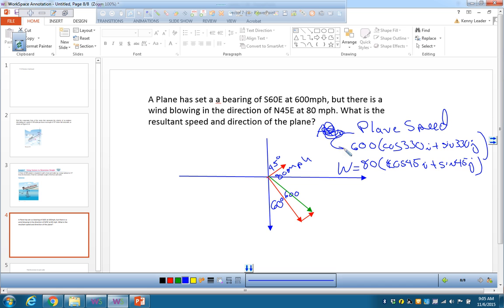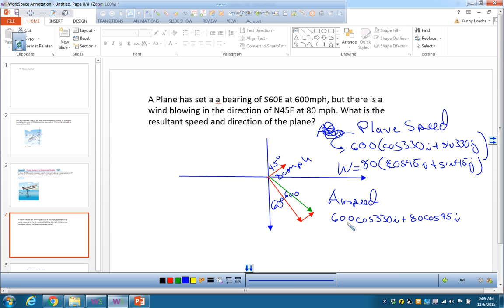so this is the wind vector, this is the plane vector, and I think the actual airspeed vector is gonna look like this. 600 cosine 330 in the i direction, plus 80 cosine of 45, also in the i direction.